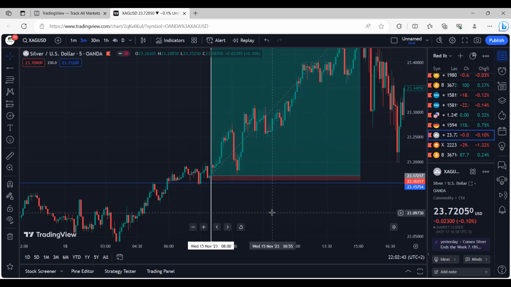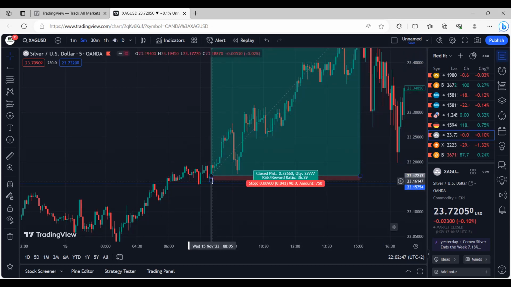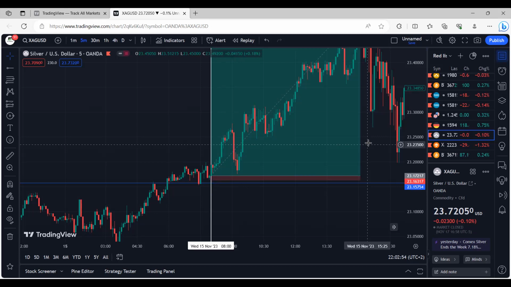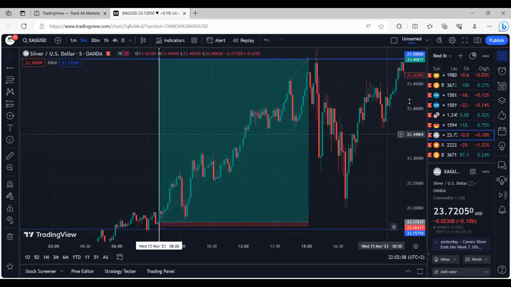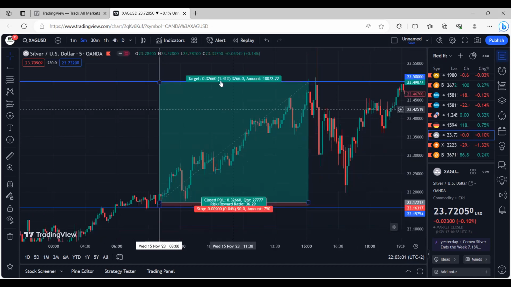It's going to help you catch this type of movement much lower. As the market comes, you catch that entry early, and then get your take profit. You can see that.